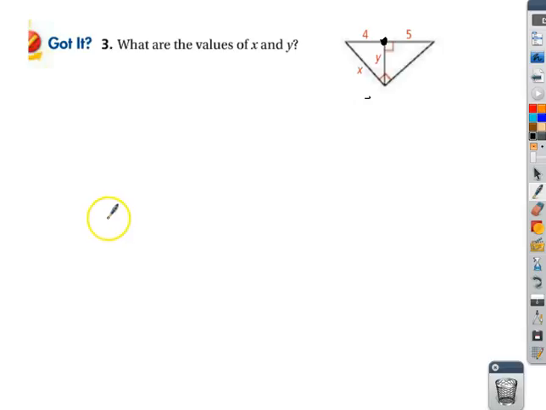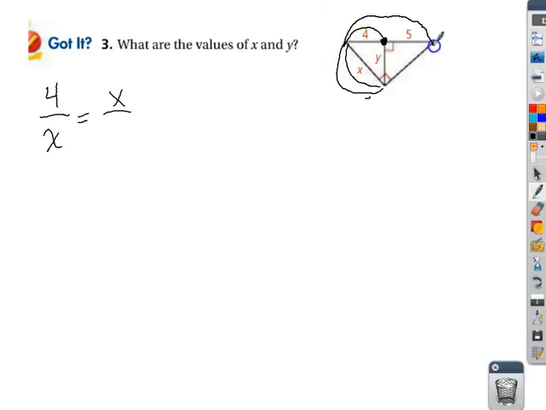I think I'm going to solve for X first. What method, heartbeat or boomerang, would I use to solve for X? Boomerang. And so I'm going to throw the boomerang. The boomerang always starts here. I'm going to throw the boomerang toward the side where X is. So that's going to be 4 over X equals, boomerang coming back, X over, and I got to get this whole hypotenuse.